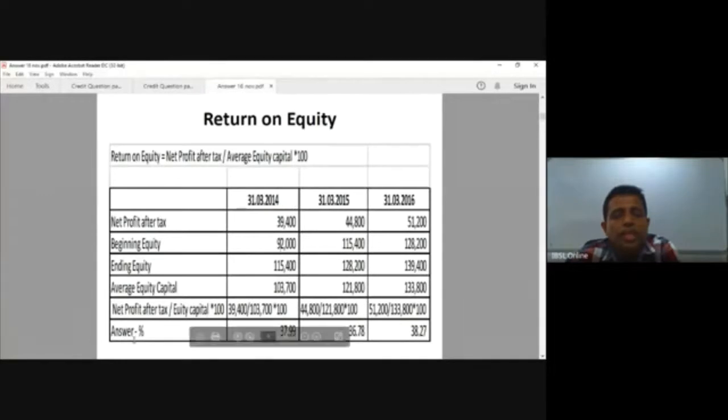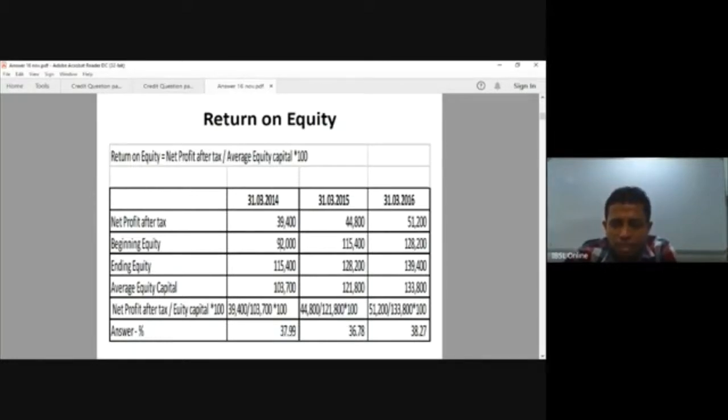For 2014, the beginning equity means 2013 equity, right? Here 2014, the beginning equity means the 31/3/2013 balance. Ending equity is 31/3/2014. For 2015, the beginning equity means the 2014 balance.